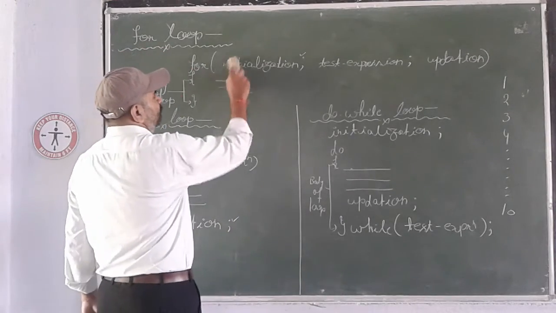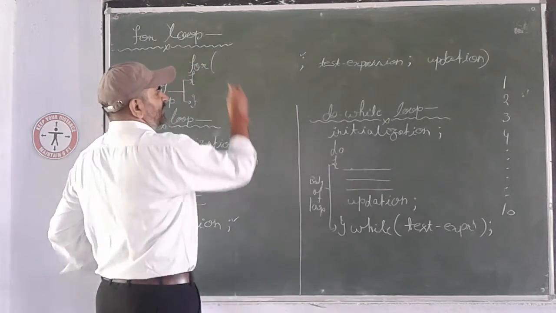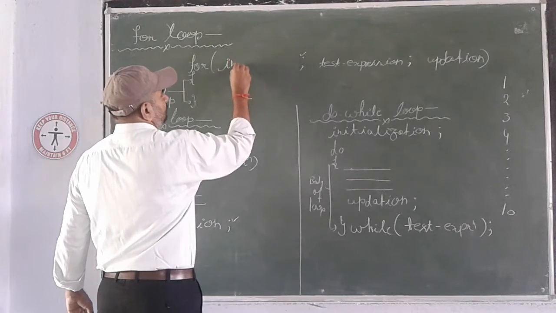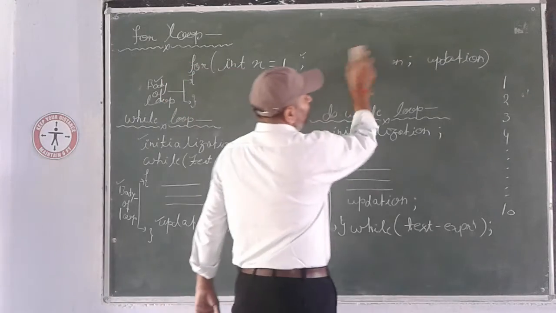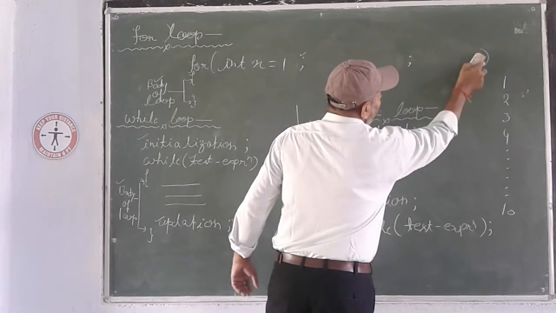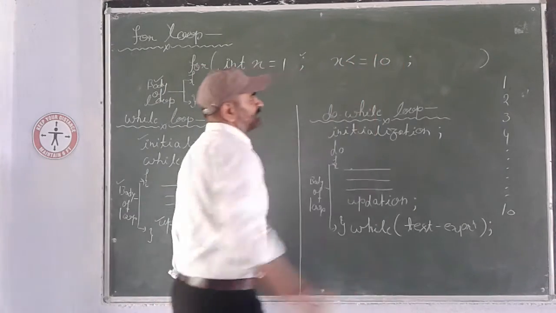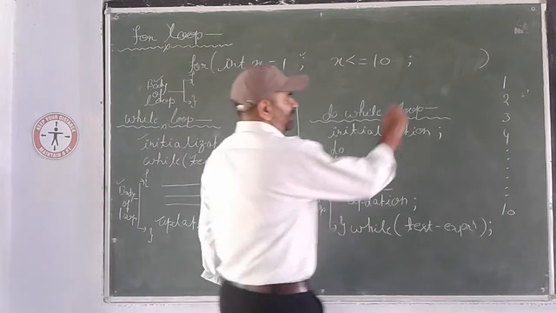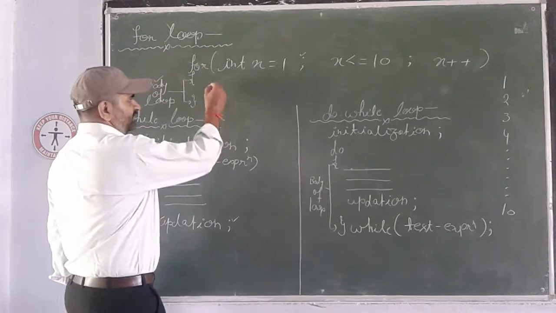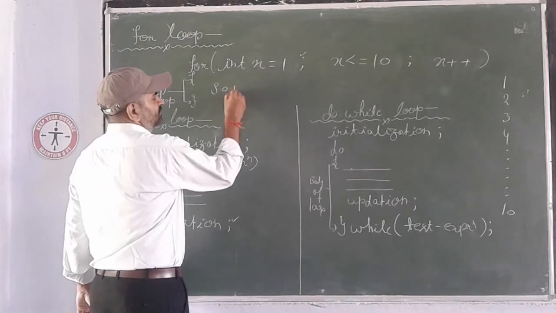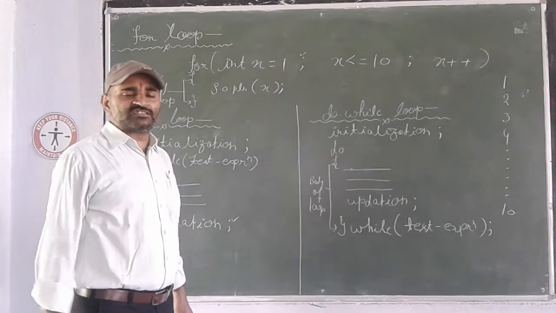In place of initialization, here we take int x = 1. x is initialized by 1 and it will move till 10, x <= 10, and here x++ updation is given. In the body of the loop we write System.out.println(x).